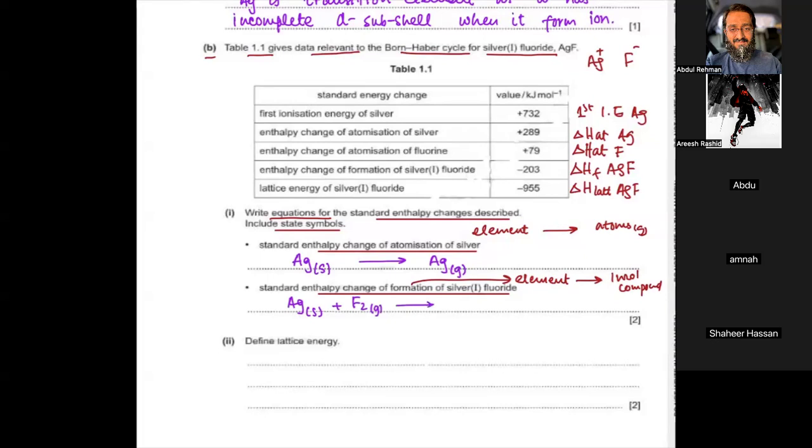Silver fluoride has the formula AgF, and it's an ionic compound, so it is going to be solid. We are going to balance the equation in such a way that the silver fluoride that is formed stays 1 mole. So I'm going to put a half over here to balance the equation. As a result, we will have 1 mole of silver and half a mole of fluorine. Clear to all of you?